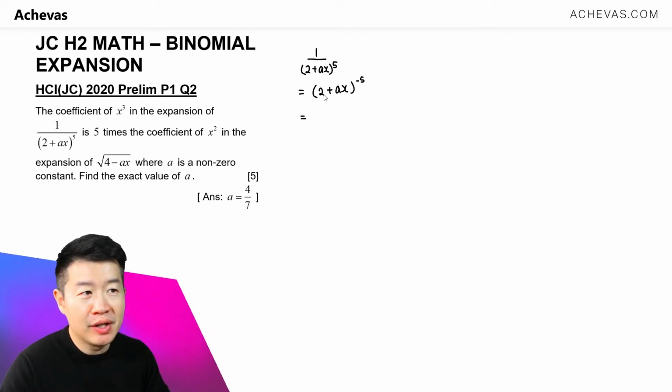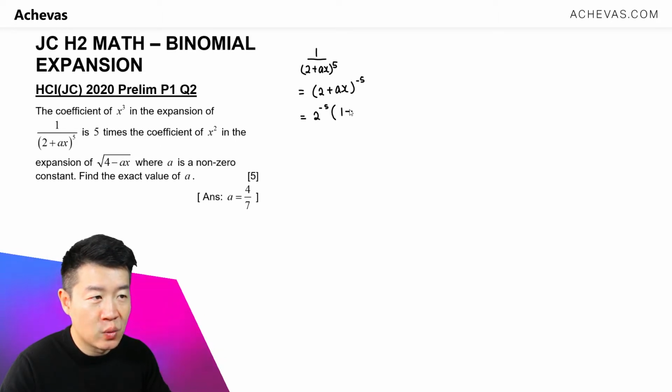So making use of the formula in our formula sheet, we need this to be 1. We are going to factorize out 2, so 2 to the power of minus 5, times (1 plus a over 2 x) to the power of minus 5. 2 to the power of minus 5 is 1 over 32.